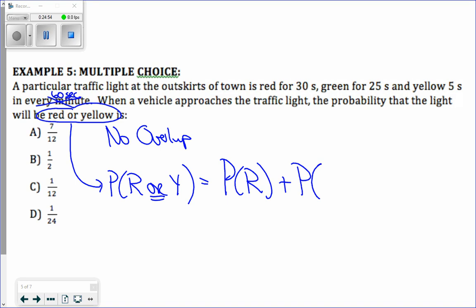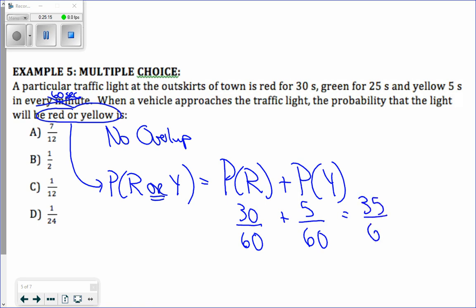Or means add, so I just do that. I don't even bother with a Venn diagram because there's no overlap. Okay? So red, it's red for 30 seconds out of 60. It's yellow for 5 seconds out of 60. So 35 out of 60, and you reduce that down.